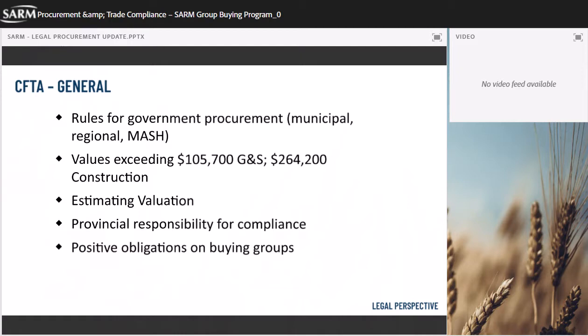So for SARM, we're not looking at each individual member's procurement value. We're looking at us as a group. And so it's quite easy, we just assume when conducting any sort of open procurement that we're going to be hitting those threshold amounts. And so we, in our processes, engage that open procurement process for all of our tenders.